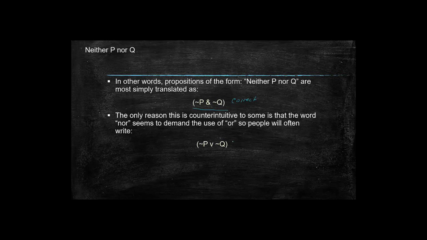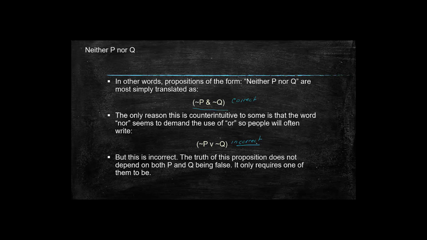This is incorrect. The truth of this proposition does not depend on both P and Q being false. It only requires one of them to be.